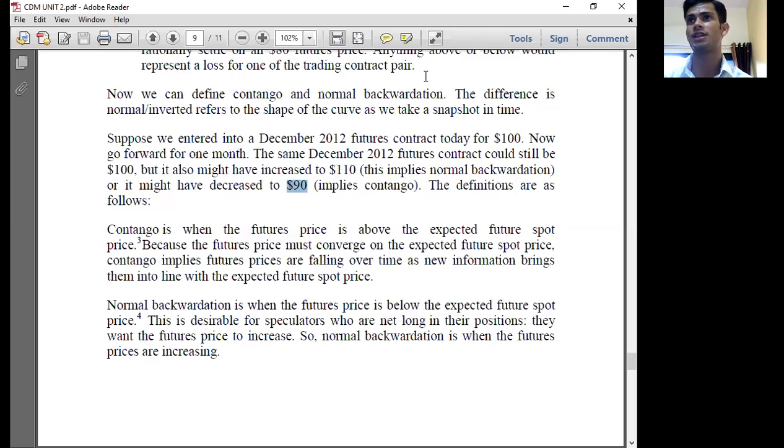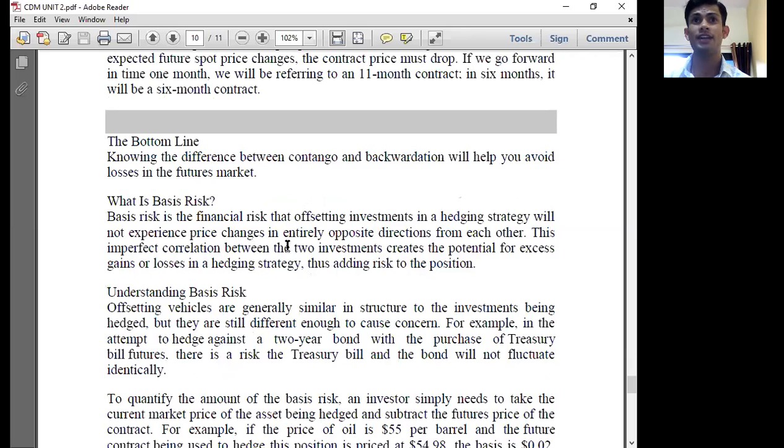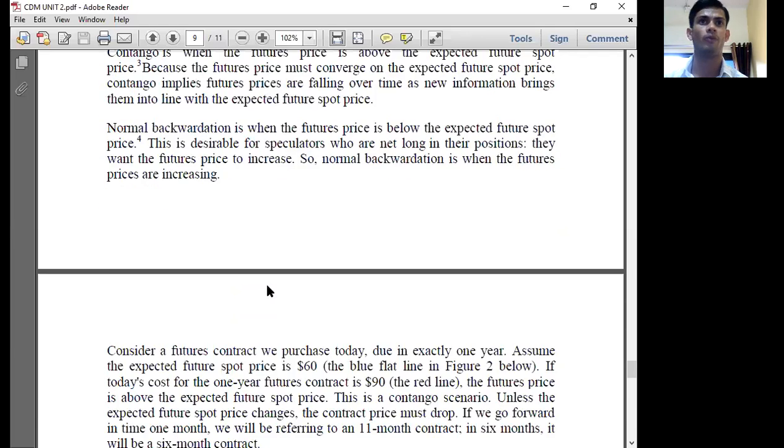Okay, the risk is explained, and this risk is price changing in the entire opposite direction. Direction means moving forward a month, the same futures contract goes from 100 to 110 rupees, the increasing direction, and the decreasing direction to 90 rupees. It affects both buyer and seller. The buyer will lose 10 rupees, and the seller will also lose 10 rupees.